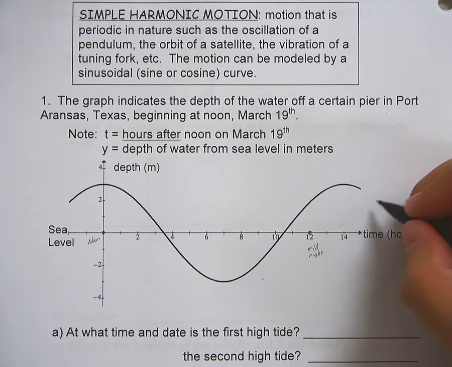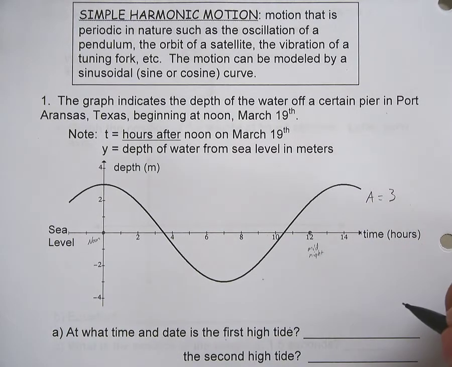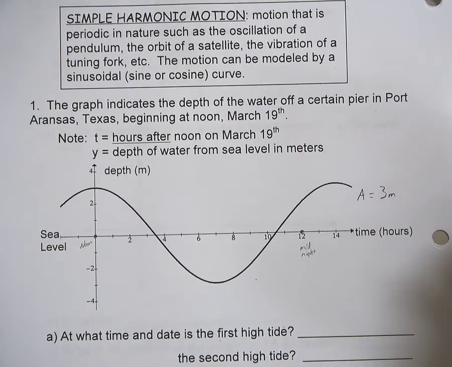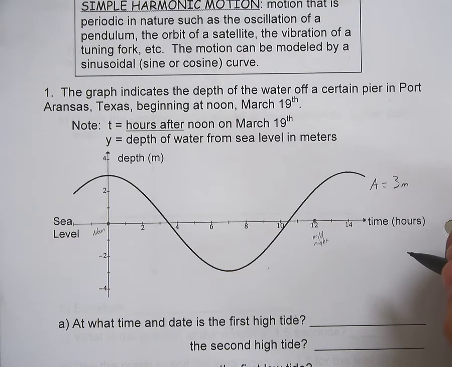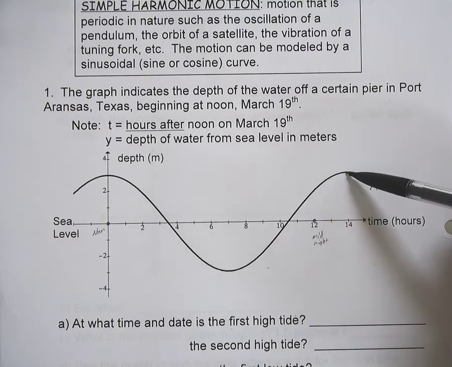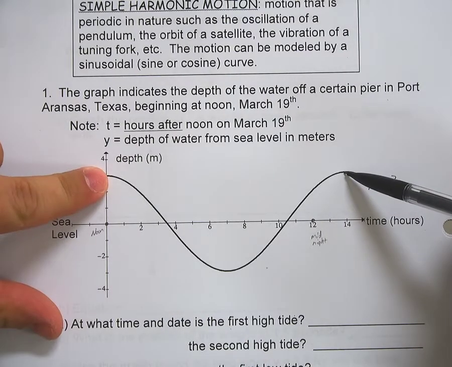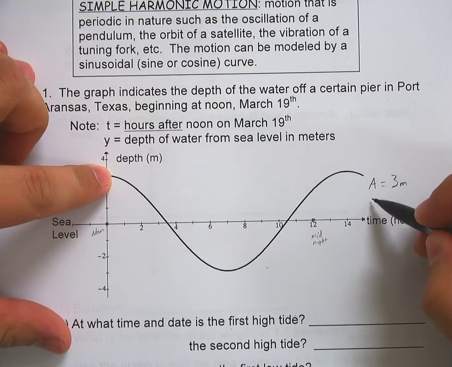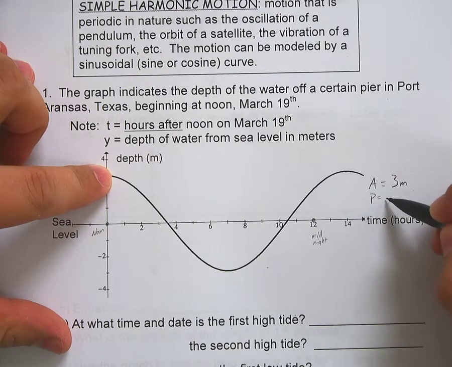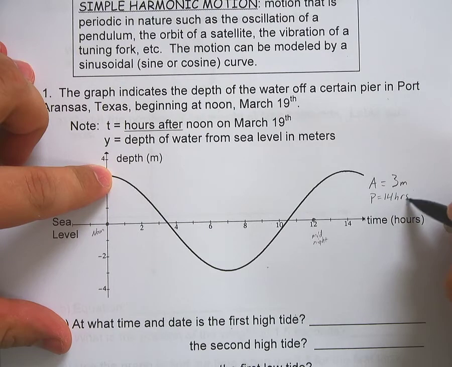So I've got an amplitude of 3 meters. And then I can come up with my value for my period pretty quick. It completes one full period in 14 hours, it looks like, going from here to here. So my value for P is going to be 14 hours.